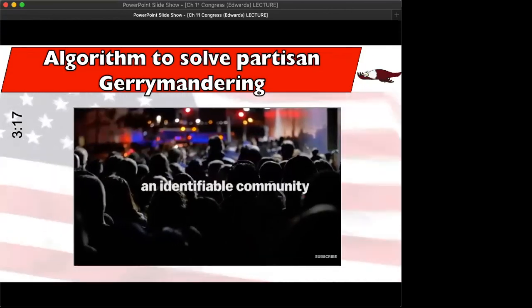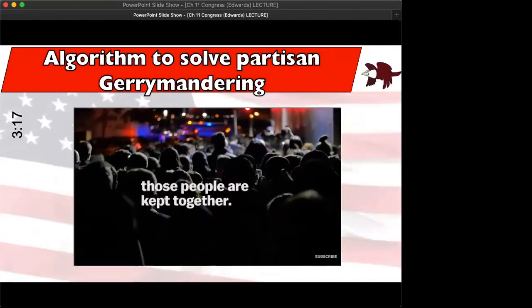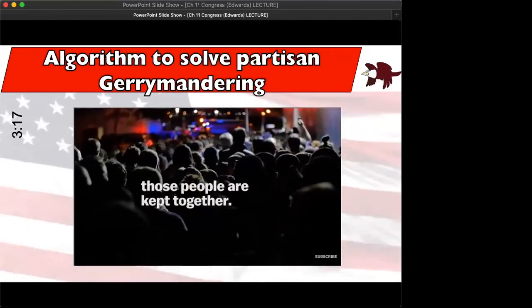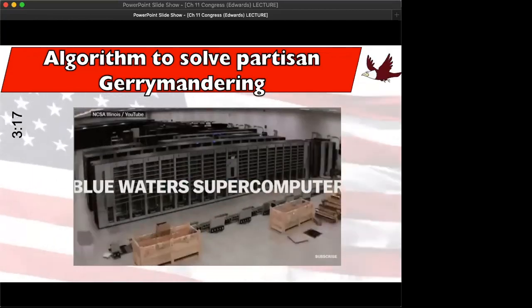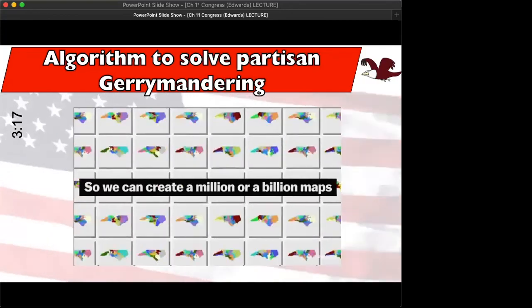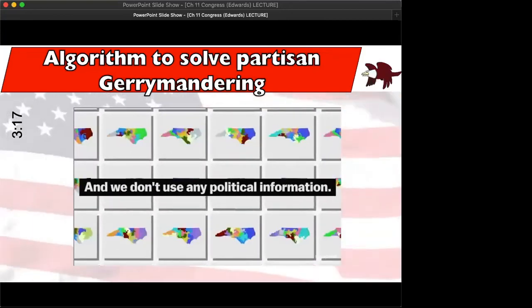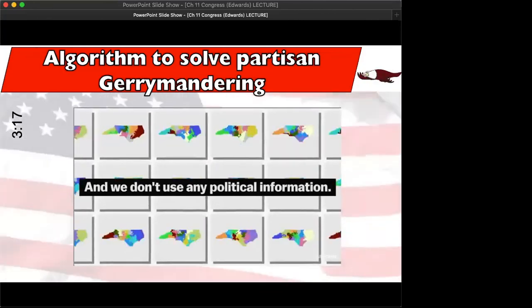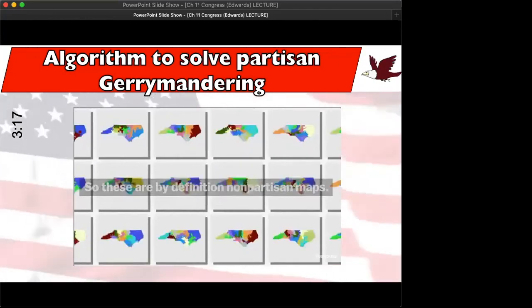So whenever you find an identifiable community of like-minded individuals, the court likes it when those people are kept together in the same district. Wendy's team is using a supercomputer to generate district maps based on those criteria. So we can create 1 million or 1 billion maps using only the criteria required by law and the traditional districting principles. And we don't use any political information. So these are by definition nonpartisan maps because they don't use political information.